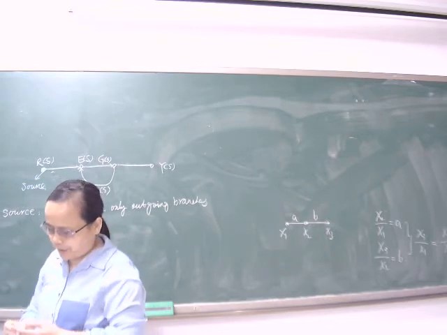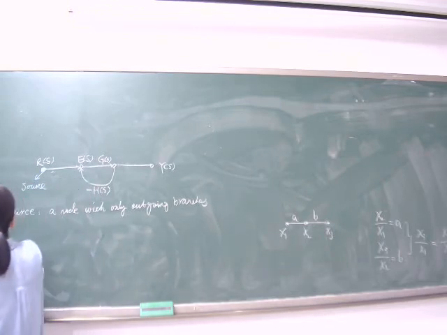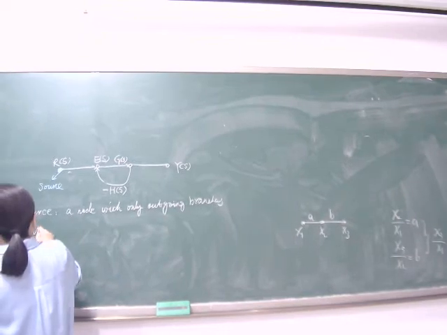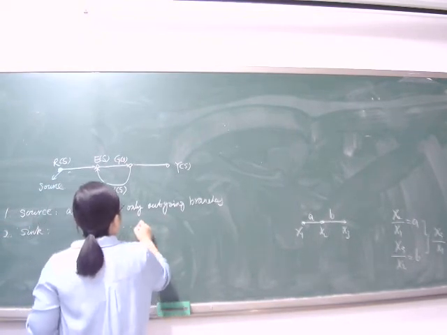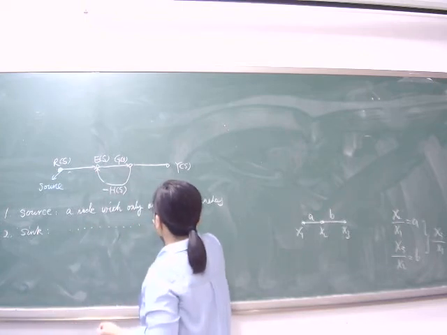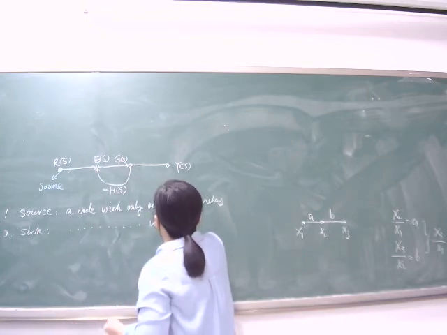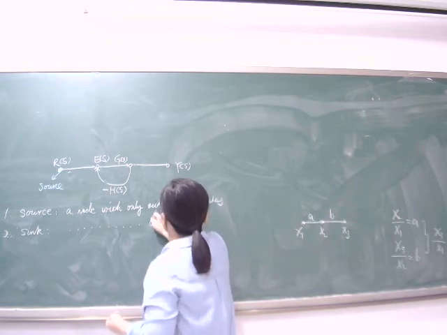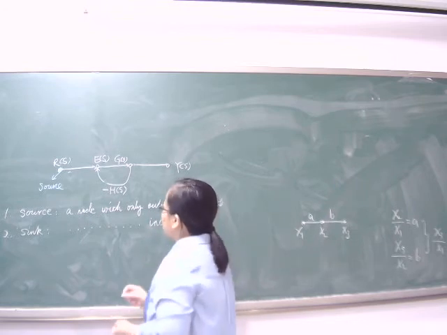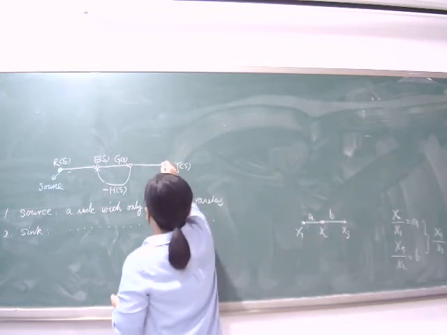The second is sink. It is also a node with only incoming branches. Now, incoming, we can see here.